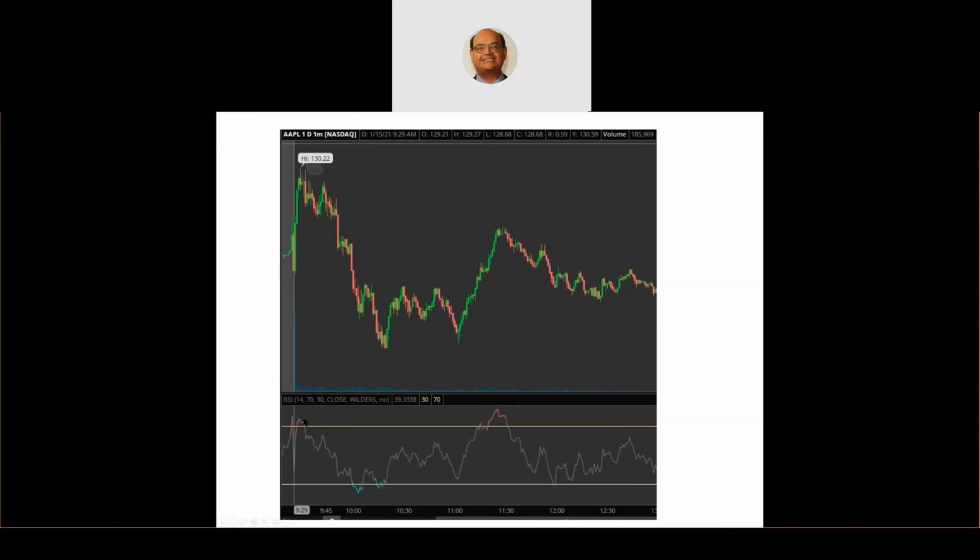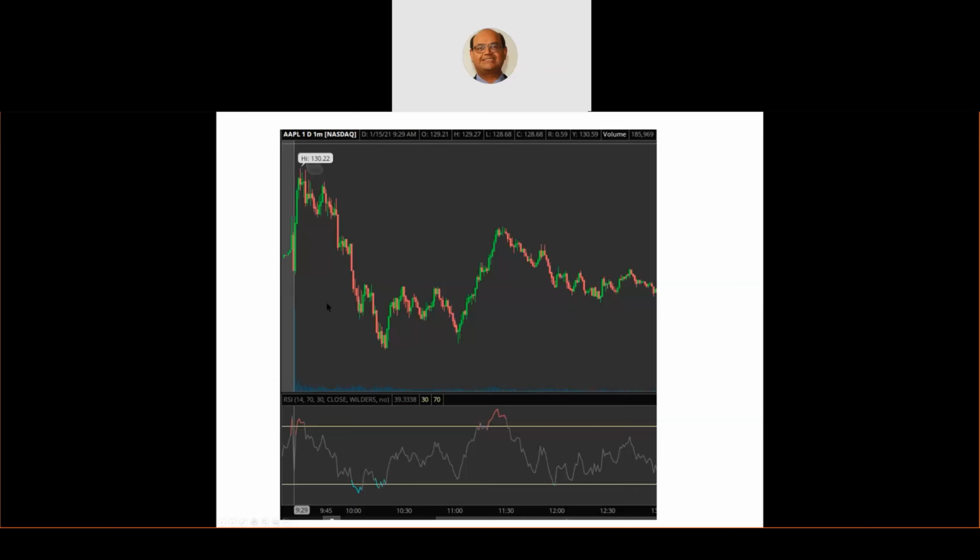At the bottom, what you see is the RSI indicator. This is one of the very popular indicators. Try to keep looking up and down at the RSI indicator. Let's say we are closing our top chart for a second, covering it with a paper, so we cannot see what the chart is.